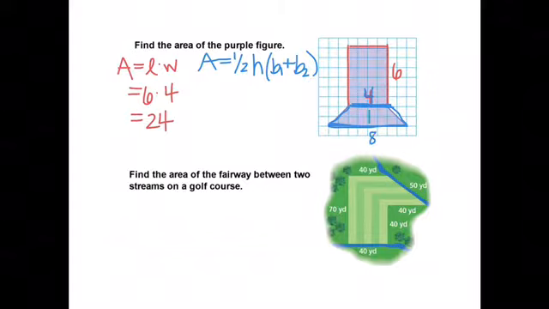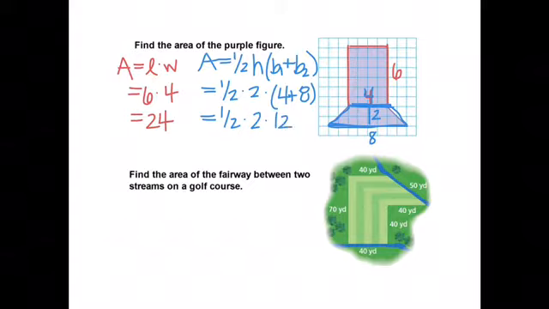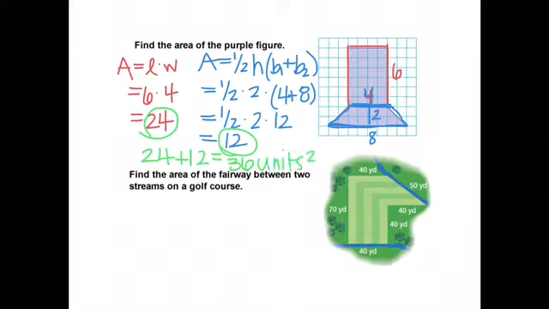And my height in between is 2. So 1/2 times 2 times 4 plus 8. Half of 2 times 12 gives me 12. So now I take my two areas and put them together. 24 plus 12 gives me 36 units squared.